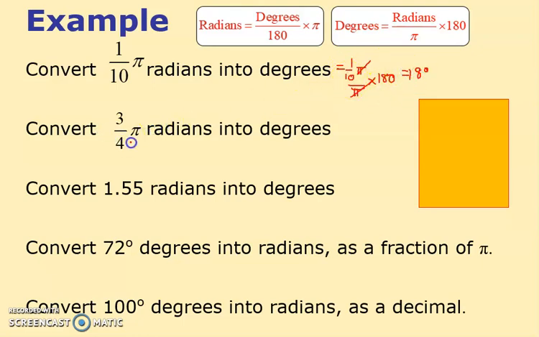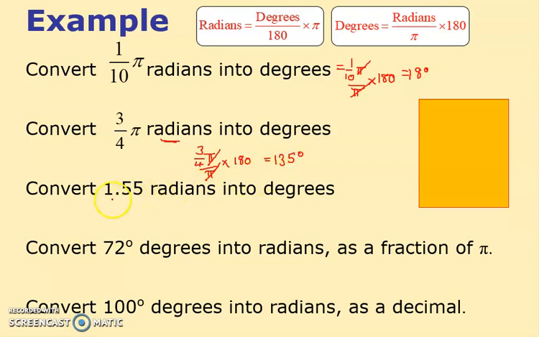It says convert 3/4 of pi. So again, using this formula, because I've got radians, the number of degrees will be 3/4 of pi. What's it telling me to do? It says divide by the pi times by the 180. And the pi's of course cancel. Really it's just 3/4 of 180. And if you do that, I think you get 135 degrees.